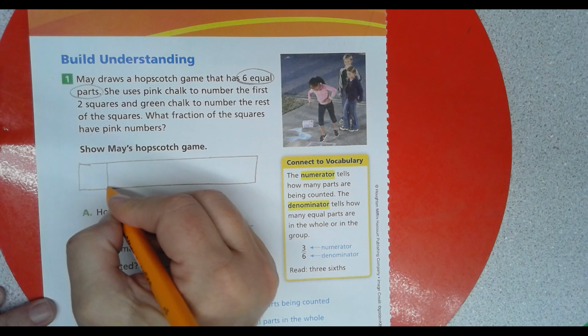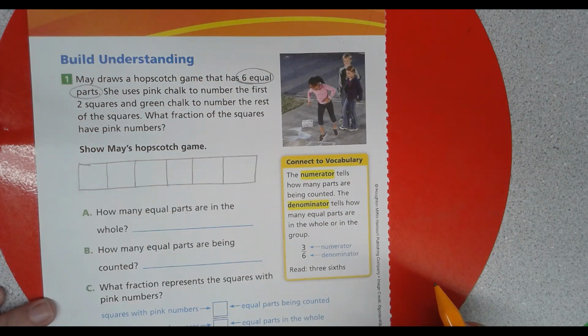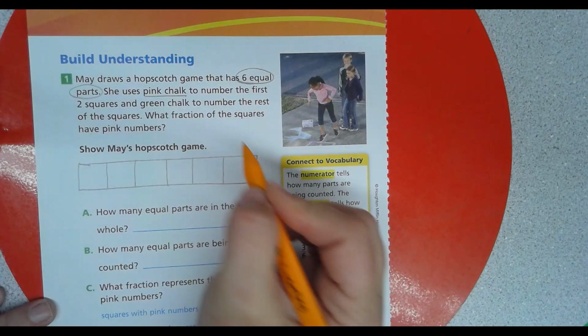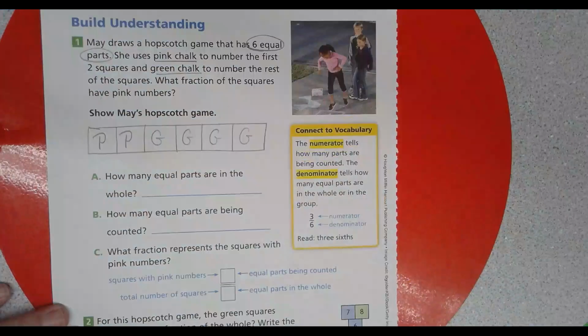One, 2, 3, 4, 5, 6. Now the first 2 squares are what? Oh yeah, here we go. Pink for the first 2. So we'll put P and P for pink.